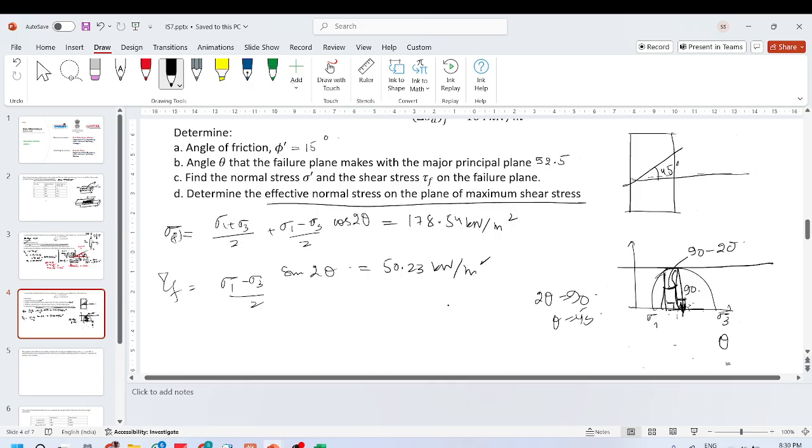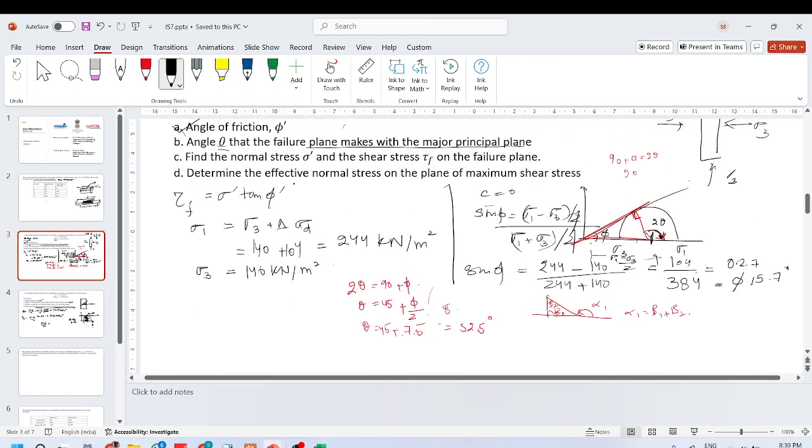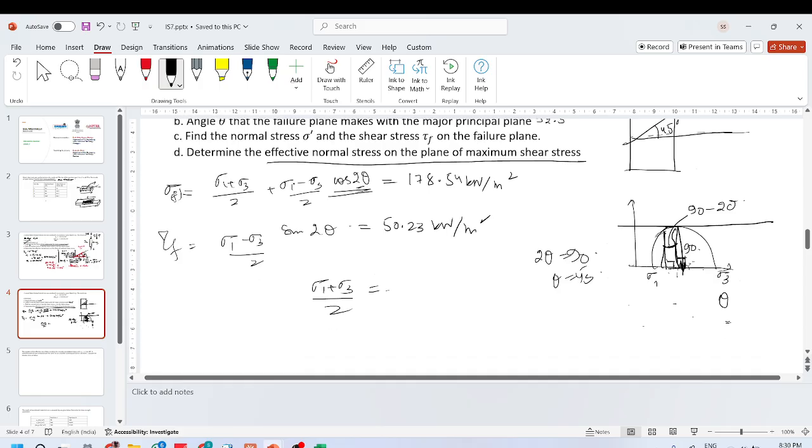Here it will simply be, cos 90 will be 0, so sigma 1 plus sigma 3 by 2. Sigma 1 was what?